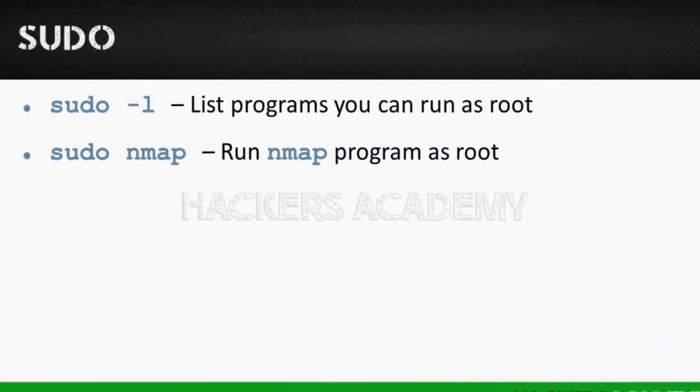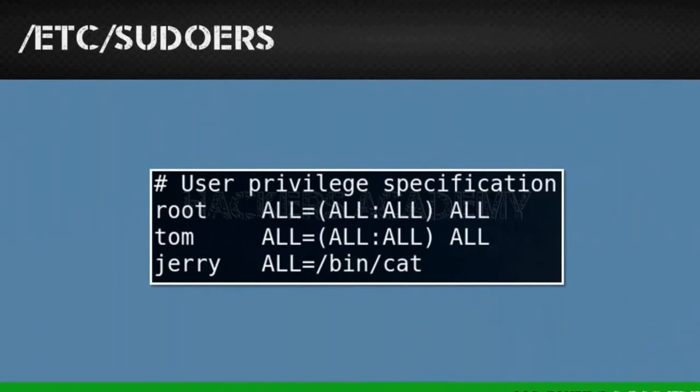To do that, to see what kind of programs you can run as root, you do sudo -l. This lists the programs that you can run as root. To run a program as root, let's say I want to run the cat command or the nmap command as root, you use sudo. So for example, sudo nmap will run the nmap program as root. You can set these privileges of who can run what as root in a file called the sudoers file, which is usually under /etc/sudoers.